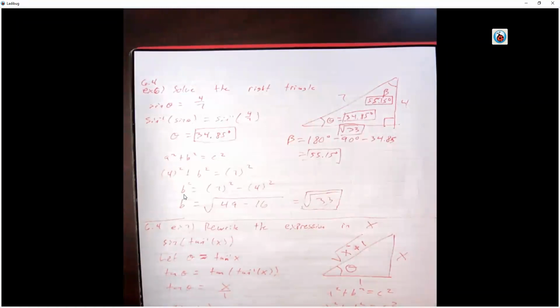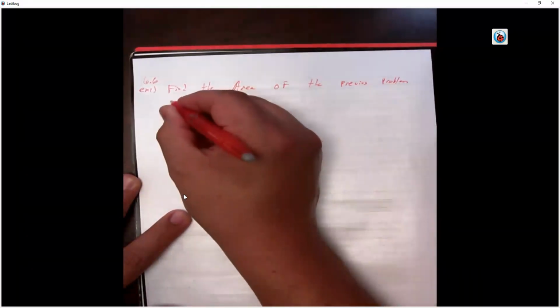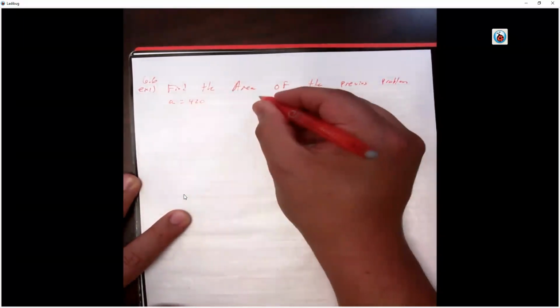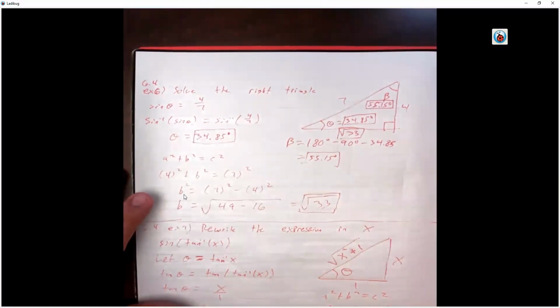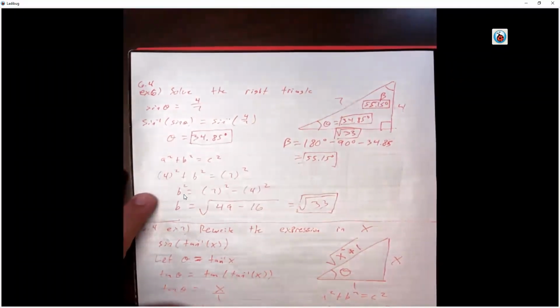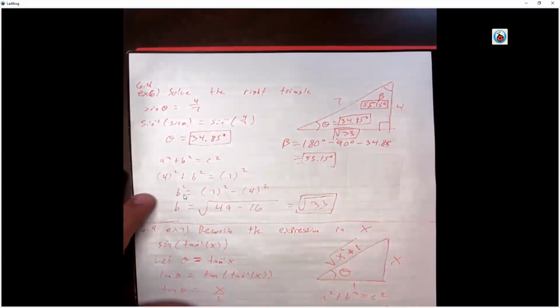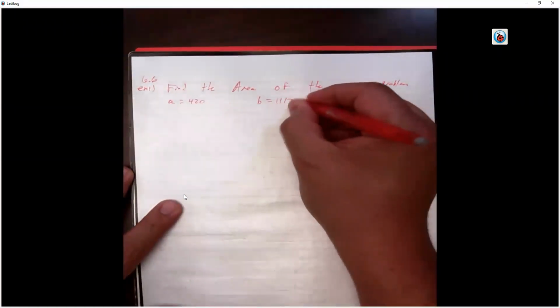You can use these super ugly numbers. So A was 420, B was 1116. I'm going to round to the nearest whole number just so it doesn't get too messy. 1117, 999.